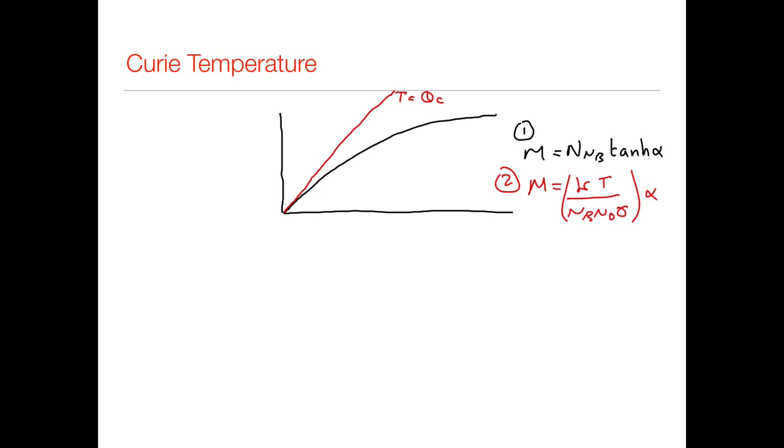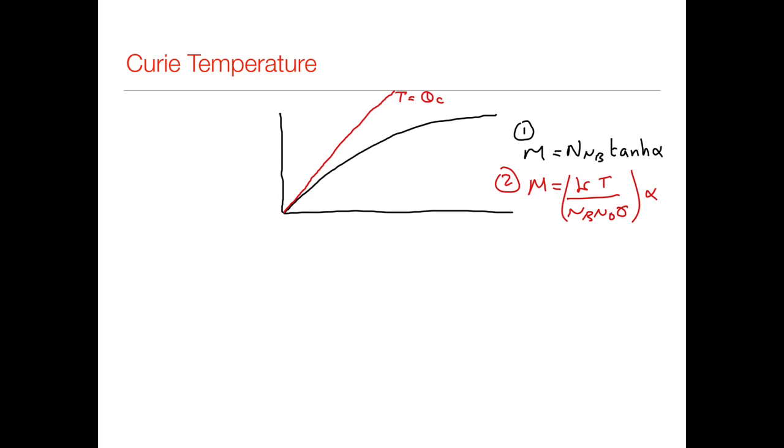I want it so that these lines just intersect, so they intersect actually only at the origin here. What that means is the red line must be a tangent to the black line at alpha equals 0. So what I need to do is find their gradients and equate them.